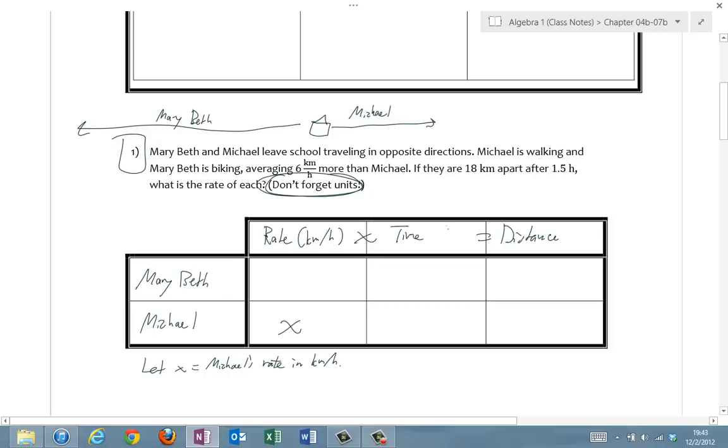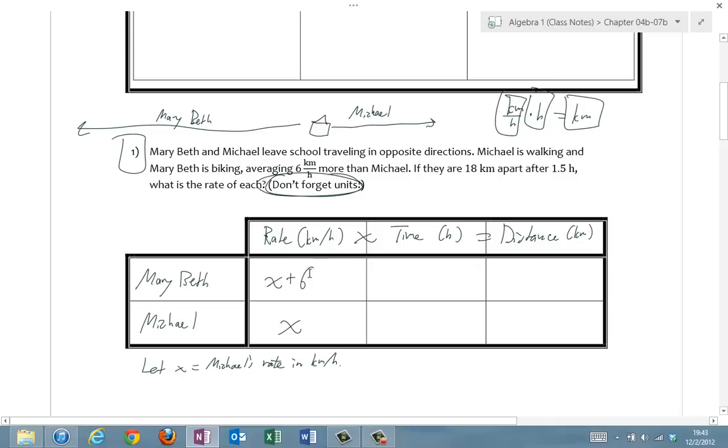That means that our time should be in hours and our distance should be in kilometers because those have to match. Think about the units. If I have kilometers per hour times hours, that's going to be equal to kilometers. Rate times time is equal to distance. Mary Beth averages 6 kilometers per hour more, so Mary Beth's rate is x plus 6.